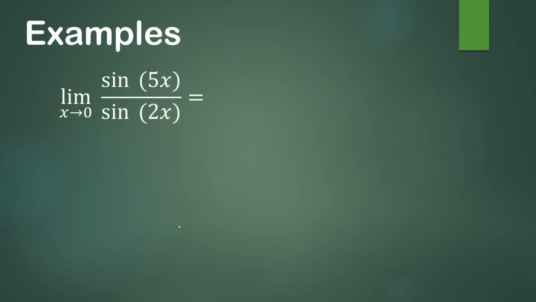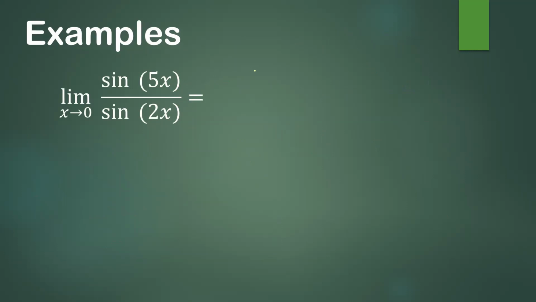Okay. What about this one? Meron tayong sine 5x over sine 2x. 5 halves kaya ang answer dito. Okay. So let's see kung meron tayong ganito, we can write this actually as, di ba kailangan niya ng denominator na 5x, ito kailangan niya ng denominator na 2x. So para magkasundo sila, kunin natin yung LCD ng 5 and 2, which is 10, no?